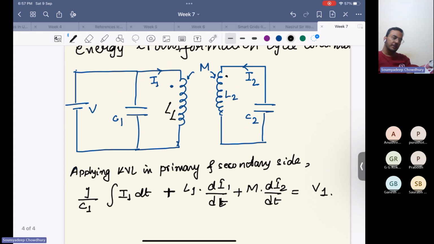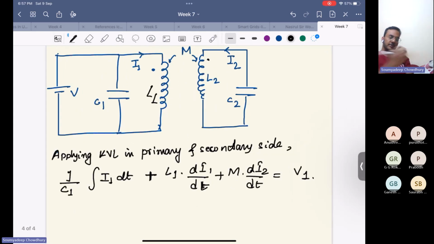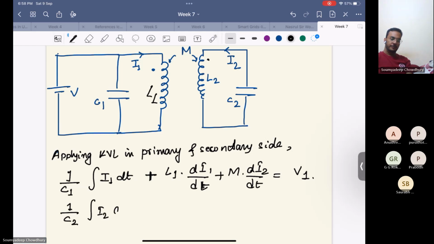Now you tell me, in the secondary side, see this circuit and tell me what is the KVL in the secondary side. One by C2 times the integral of I2 dt, plus... wait, L2.